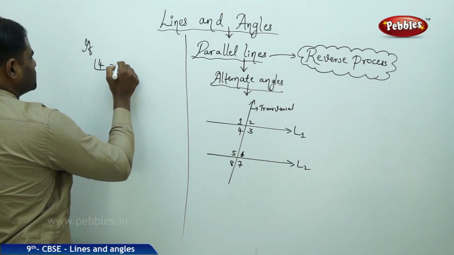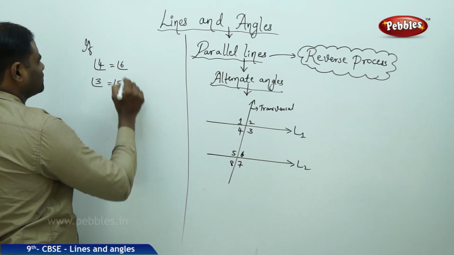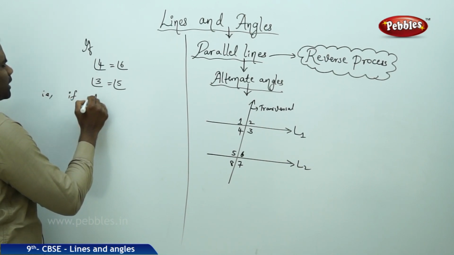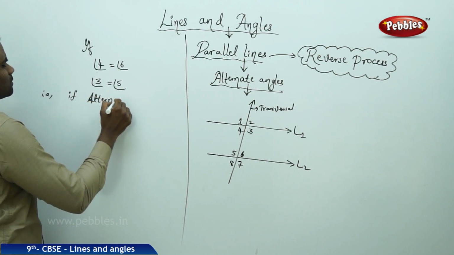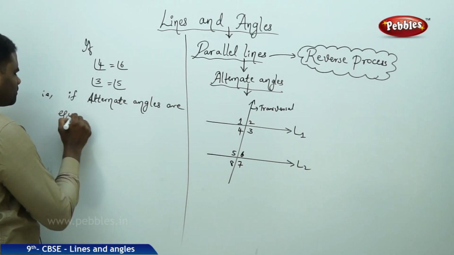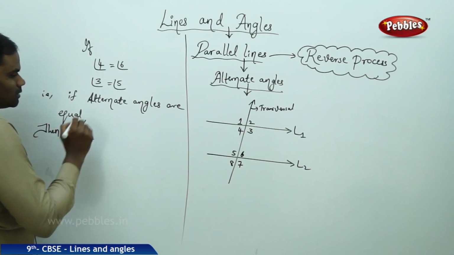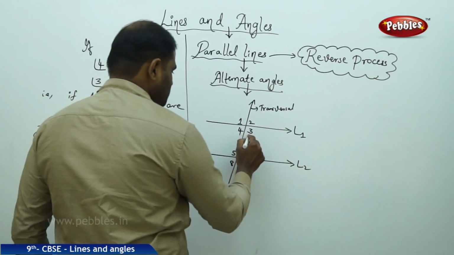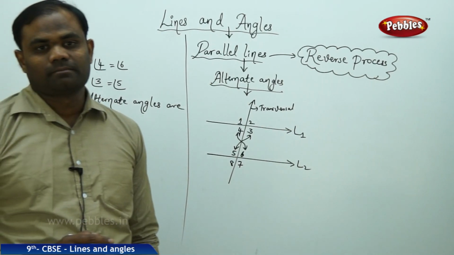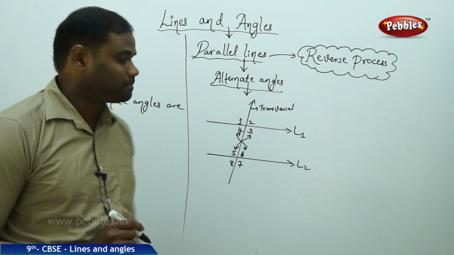If angle 4 equals angle 6 and angle 3 equals angle 5, that is, if alternate angles are equal, then the property says that with the alternate angles being equal, the lines must be parallel. There is no other possibility but the lines L1 and L2 must be parallel.